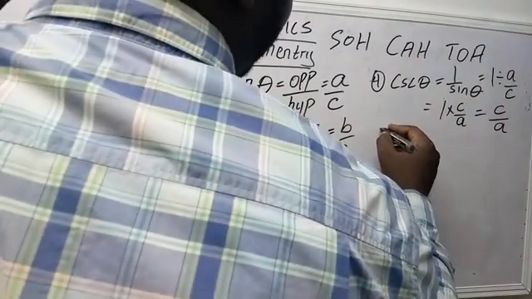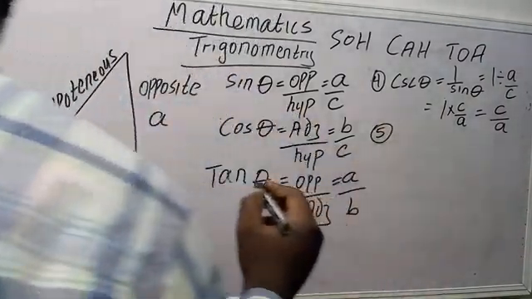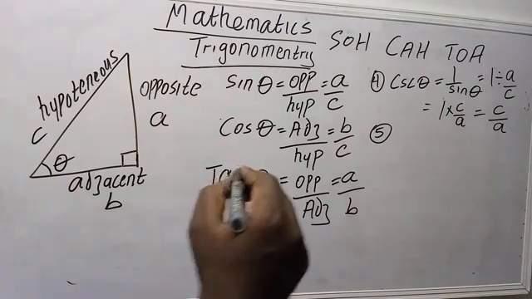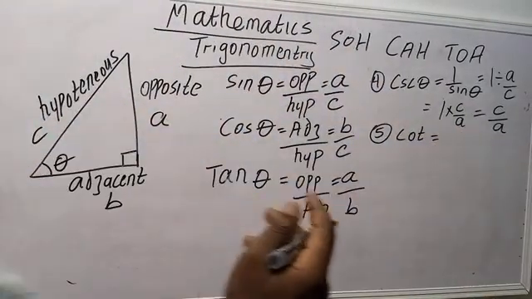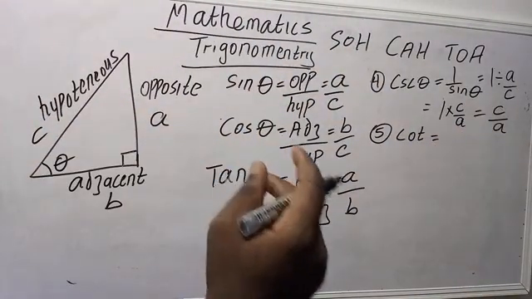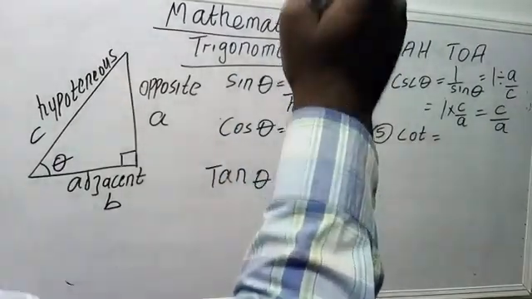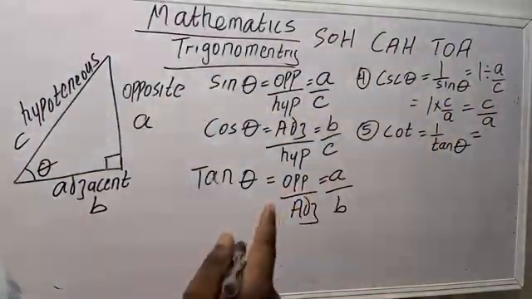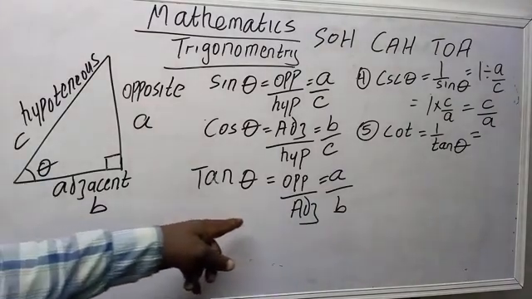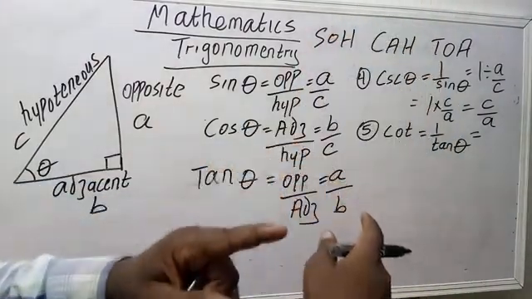Number 5 is cot theta. What does it mean? Cot theta means the inverse of tan, or 1 all over tan theta. As I said earlier, tan theta is opposite over adjacent.